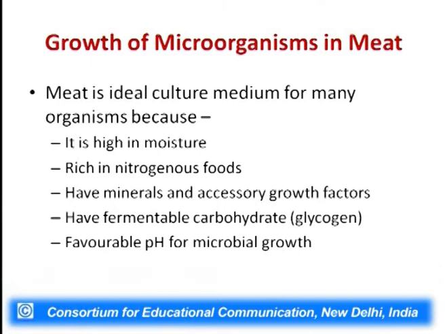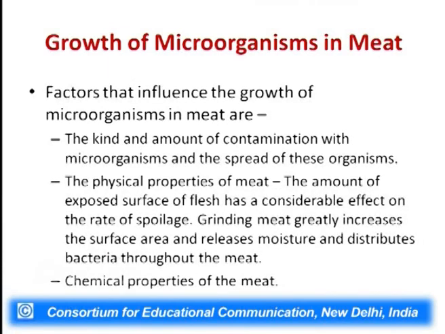It has fermentable carbohydrate, that is glycogen, and the pH is also favorable for microbial growth. The factors that influence the growth of microorganisms in meat are the kind and amount of contamination with microorganisms and the spread of these organisms.